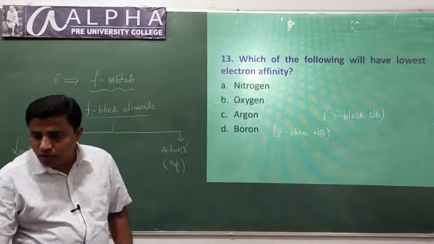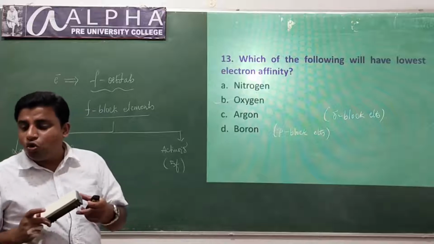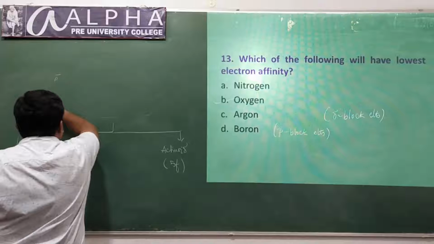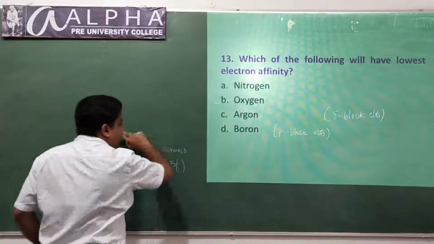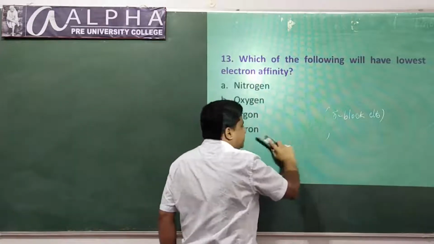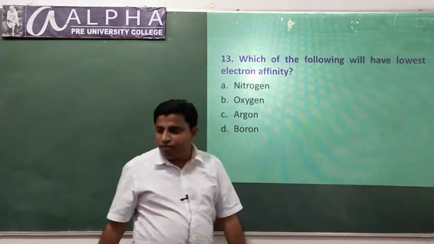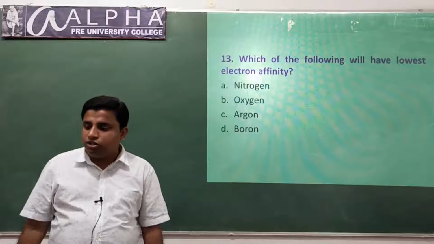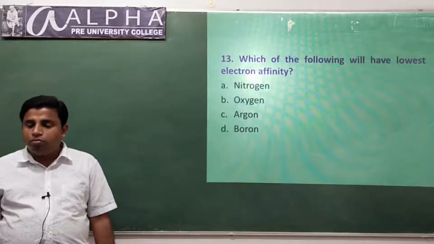Which of the following has lowest electron affinity? We have nitrogen, oxygen, argon, boron.